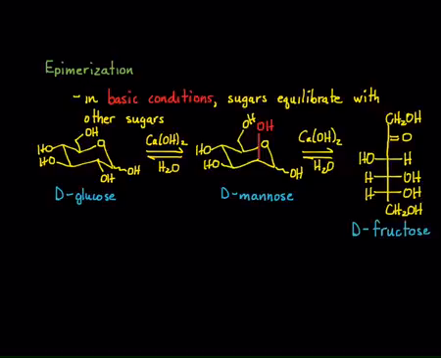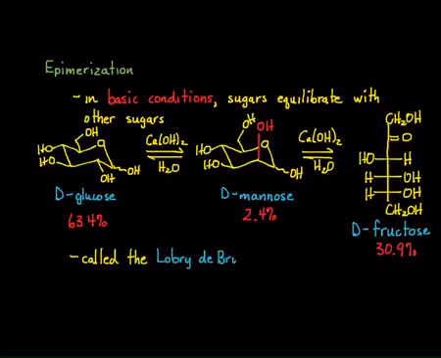And so at equilibrium, what we see is a mixture of 63.4% D-glucose, 2.4% D-mannose, and 30.9% D-fructose. So we're losing roughly a third of the D-glucose to other sugars at equilibrium. We call this reaction the Lobry de Bruyn-Alberda van Ekenstein reaction.